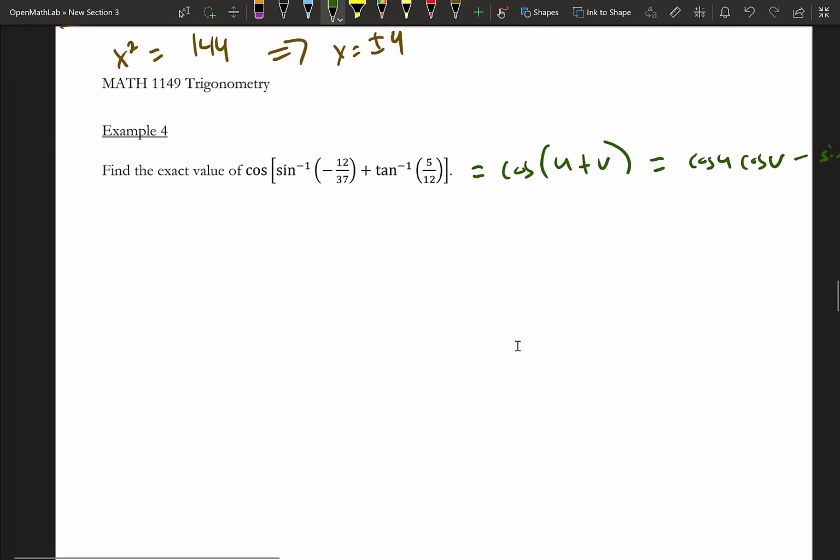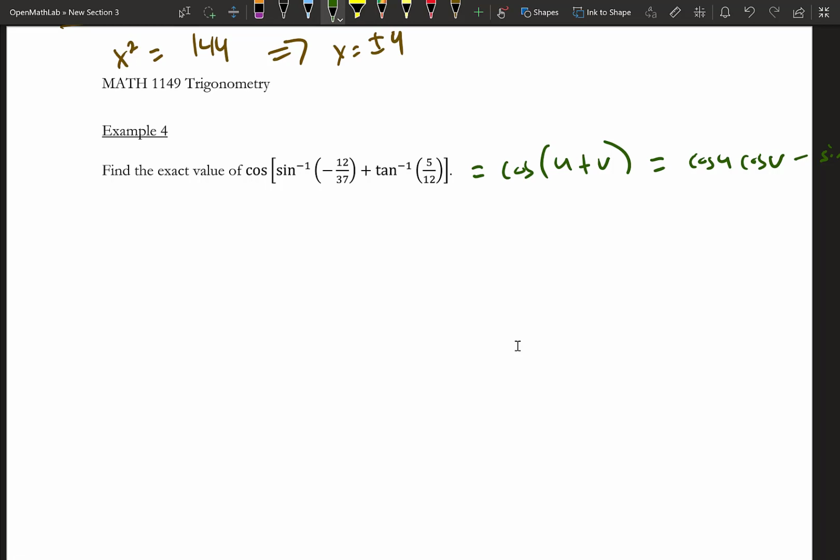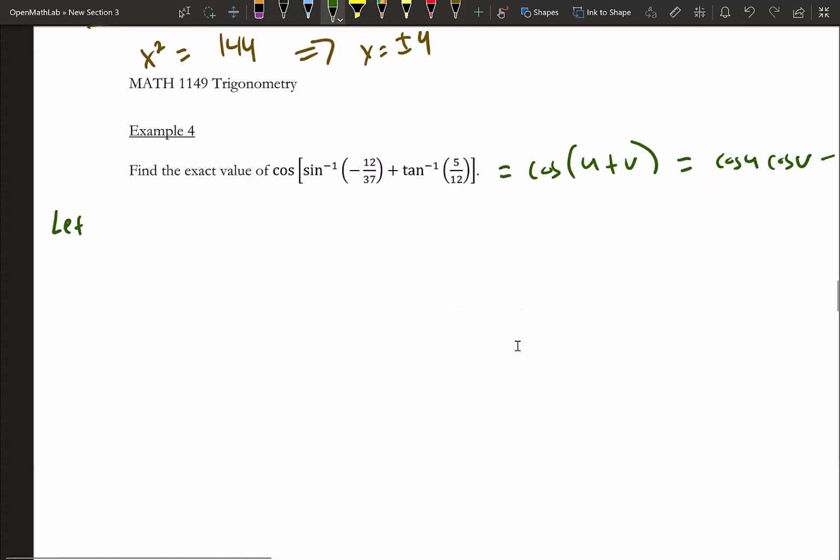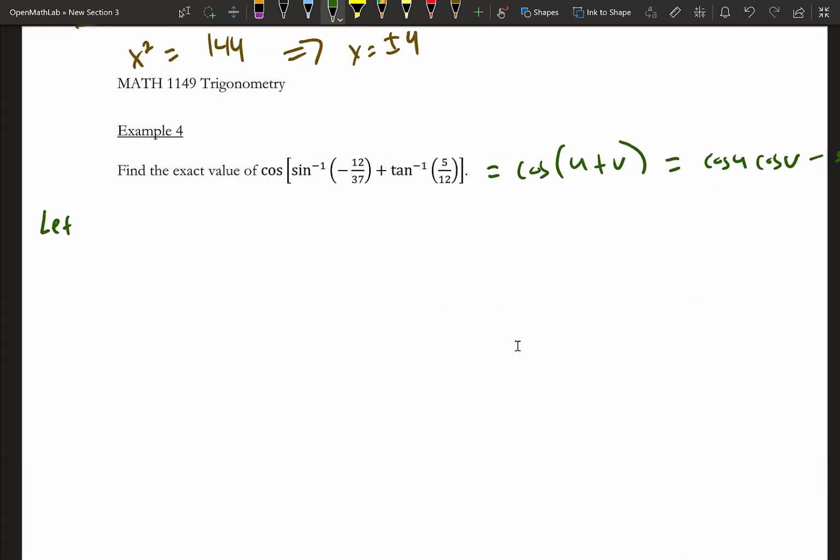So what I would do down here is, let u equal inverse sine of negative 12 over 37, right?